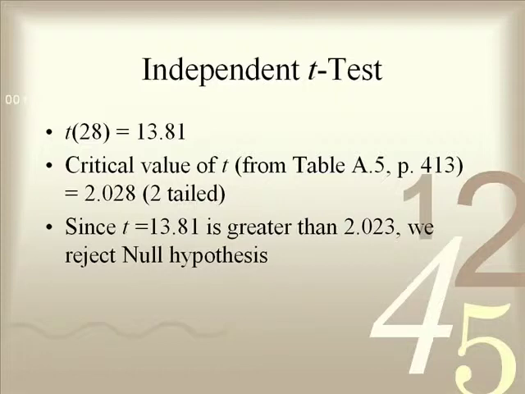I'll try to explain this. If you've got your books open, you'll see on the top of it table 5.A, critical values of T. You have levels of significance for a one-tailed test, 0.10 all the way to 0.0005. Then below that is level of significance for a two-tailed test.